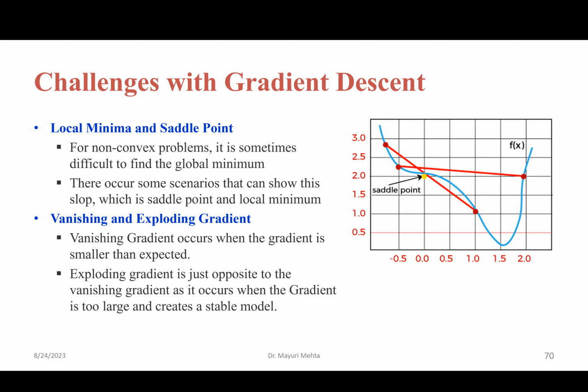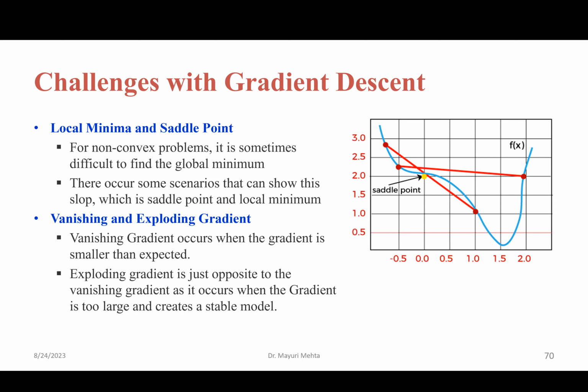The saddle point is shown in the figure on the right hand side. You can see that the yellow color point is the saddle point. In contrast with local minima, at saddle points the negative gradient only occurs on one side of the point, which reaches a local maximum on one side and a local minimum on the other side.